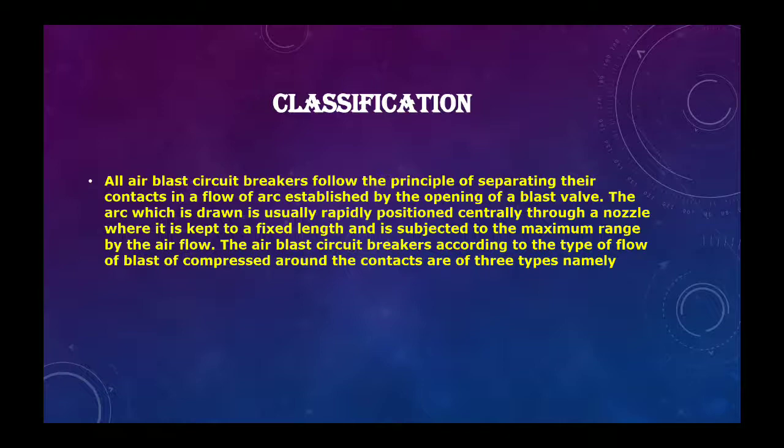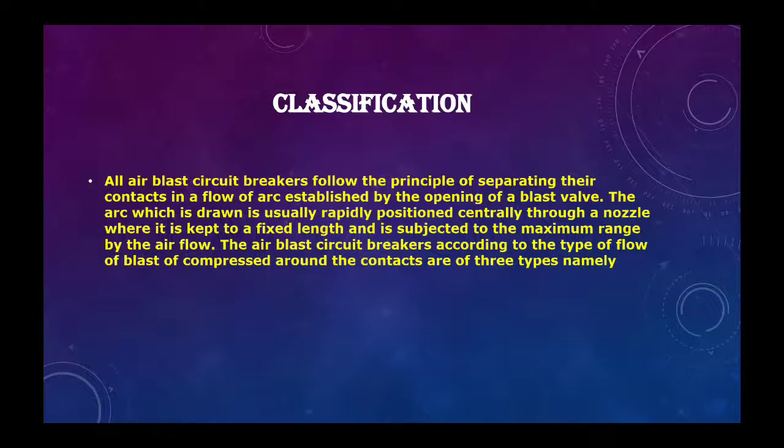The arc which is drawn is usually rapidly positioned centrally through a nozzle, where it is kept to a fixed length and is subjected to the maximum effect of the air flow.